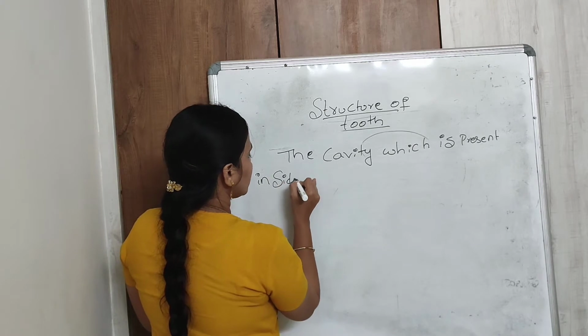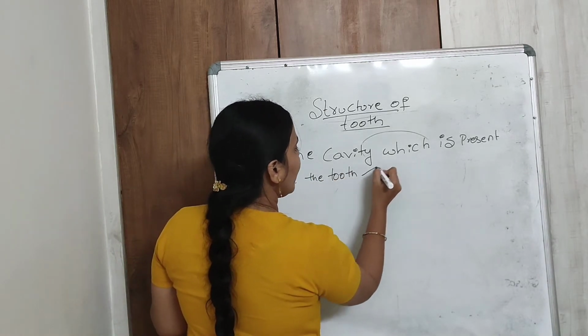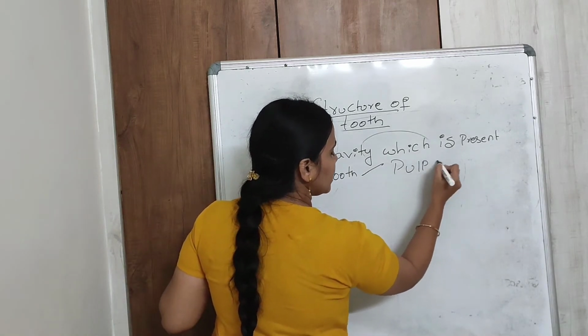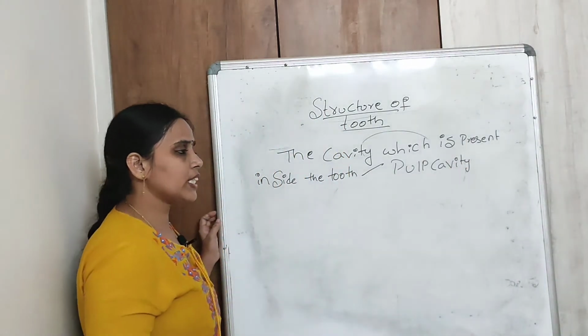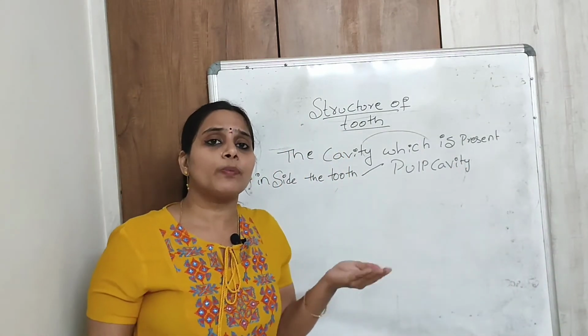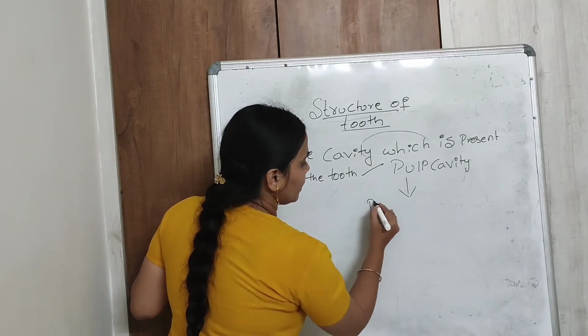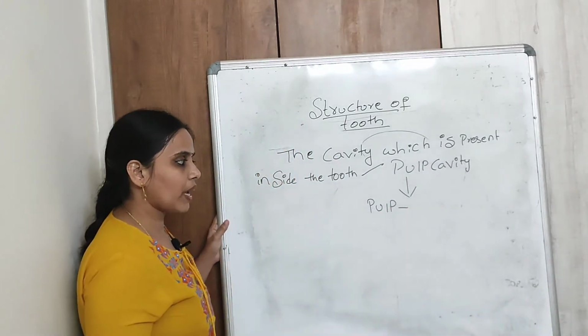The cavity which is present inside the tooth is known as what, children? It is the pulp cavity. What is the cavity present inside the tooth? It is known as the pulp cavity. What is present inside the pulp cavity? Inside the pulp cavity we have pulp.